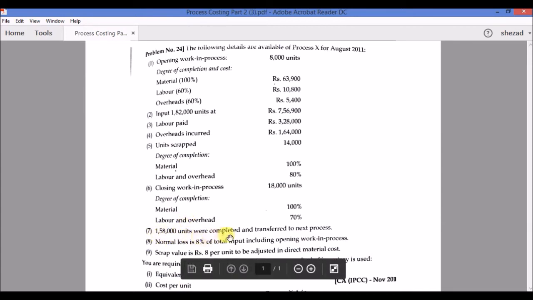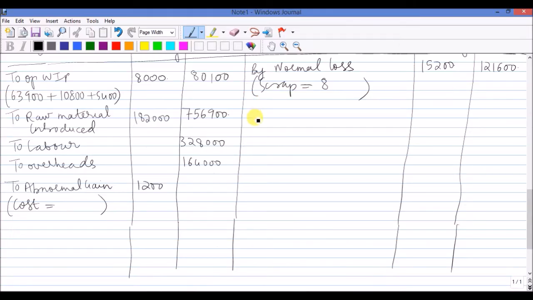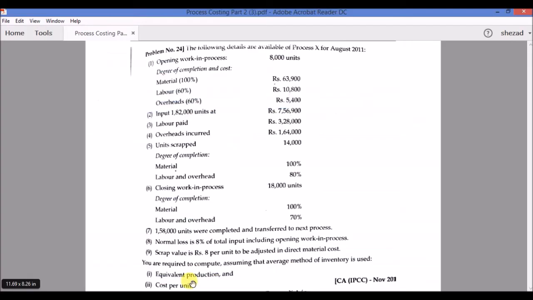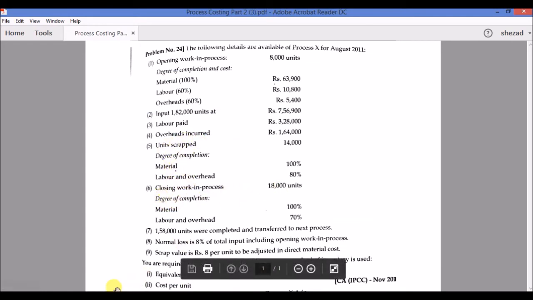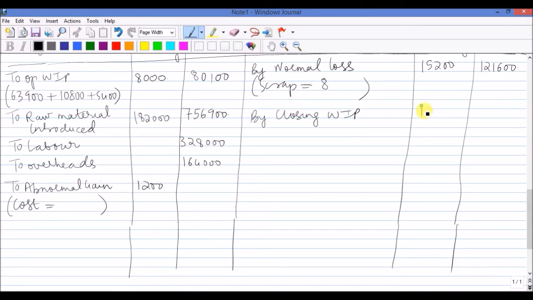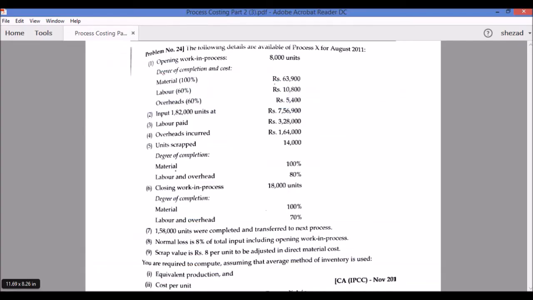And 1,50,000 units, then we have a closing work in progress which is 18,000 units. So I'm going to write here closing work in progress, 18,000 units, and for this also I need to get the cost.